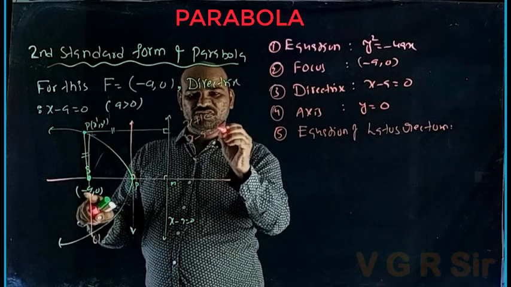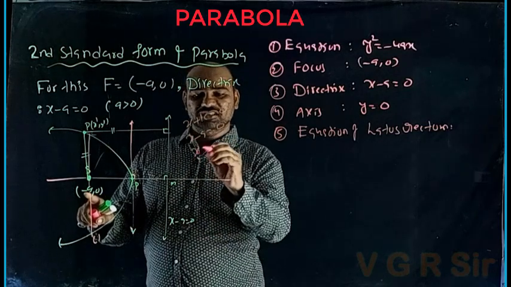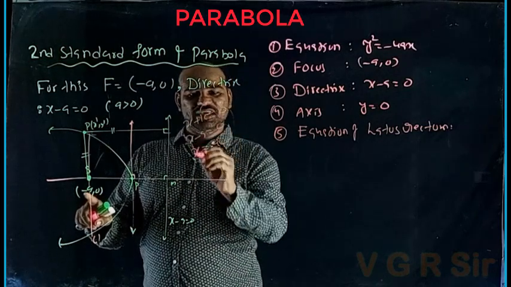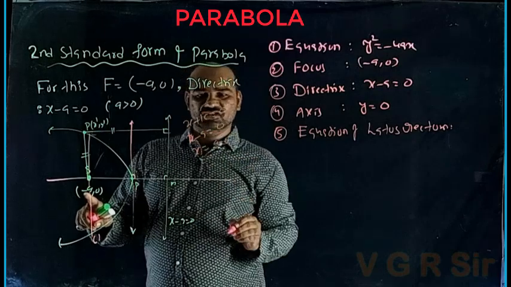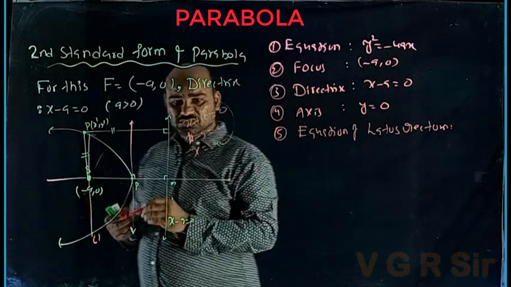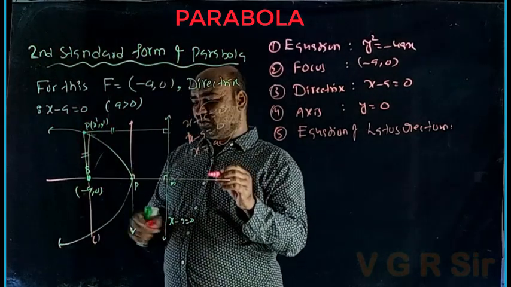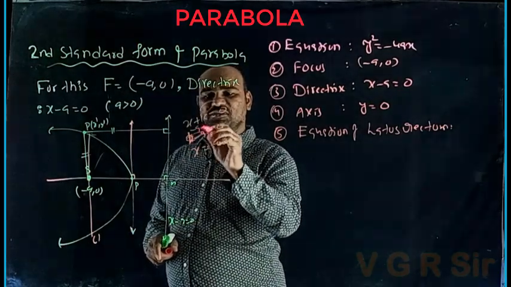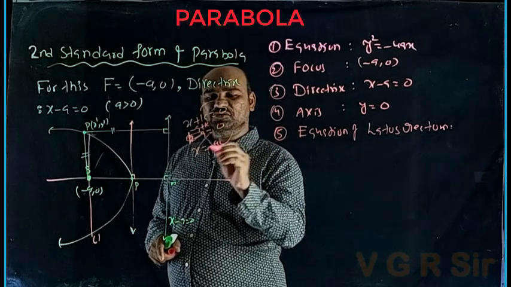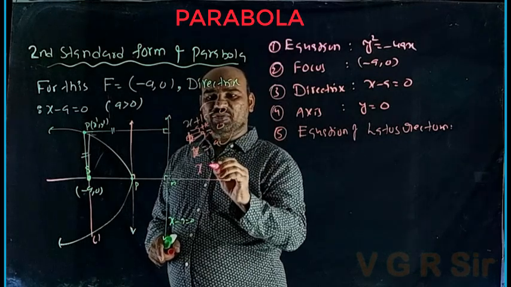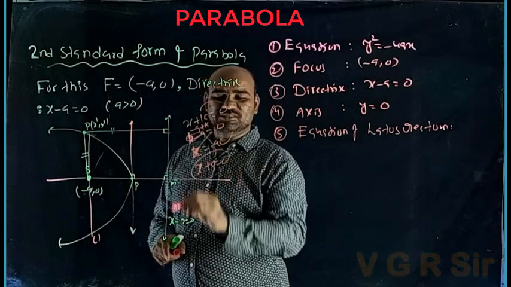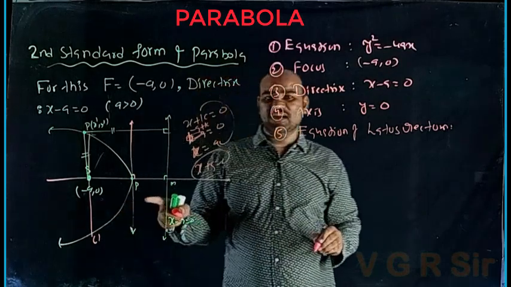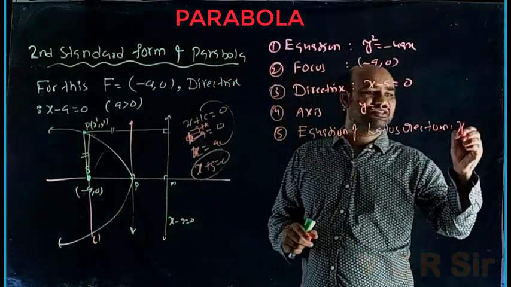So substitute x equal to minus a: minus a plus k equal to 0, k equal to a. Substitute k equal to a here. So what happened? x plus a equal to 0 is the equation of latus rectum.